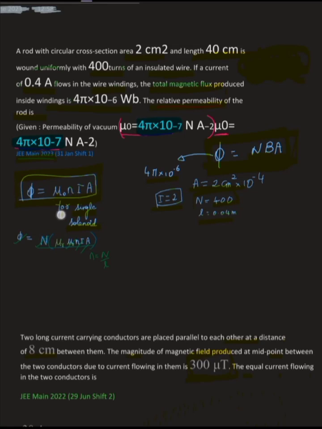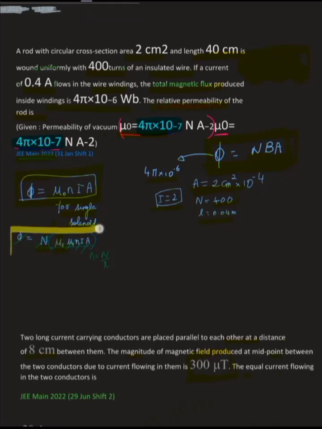So for a single solenoid, for capital N turns, 400 turns, you have to multiply with N, the number of turns. And they have asked for relative permeability. This mu naught is the permeability of vacuum. If you place this solenoid system in a permeable medium, you have to multiply that formula with mu r, which is the relative permeability they are asking.